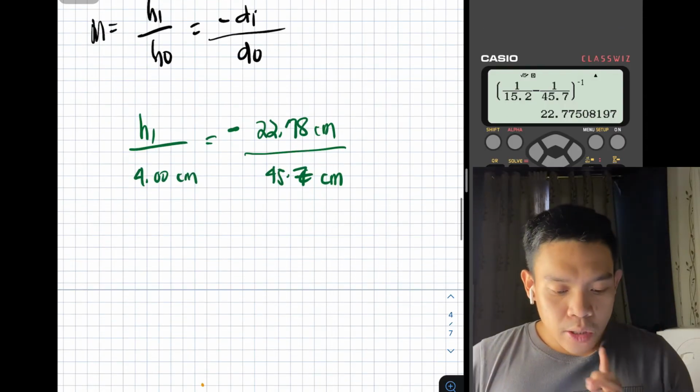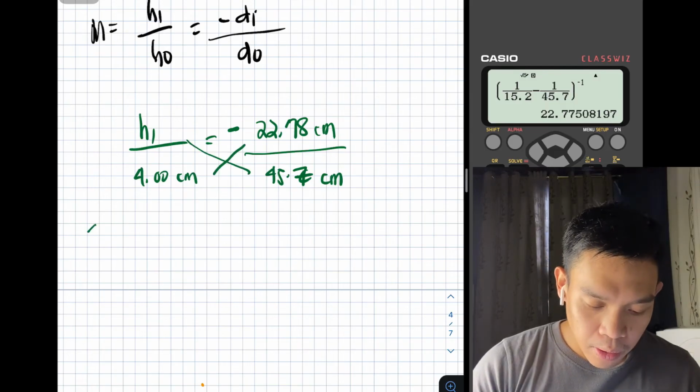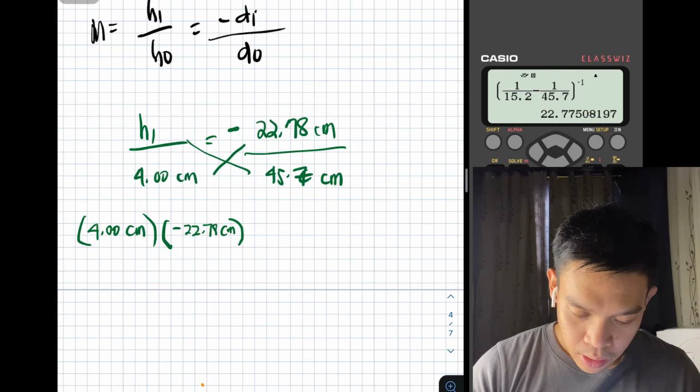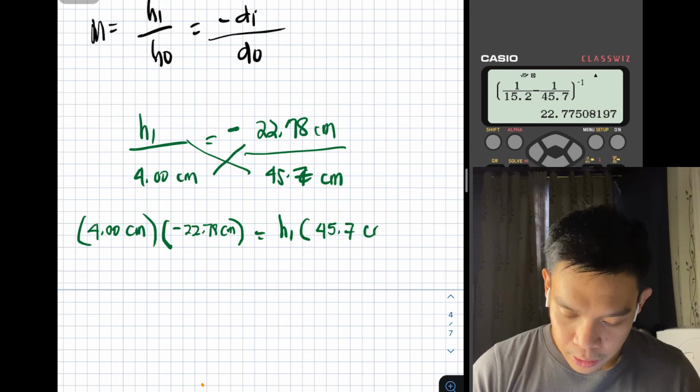The first step is to cross multiply. So 4.00 centimeter multiplied by negative 22.78 centimeter is equal to HI multiplied by 45.7 centimeter.